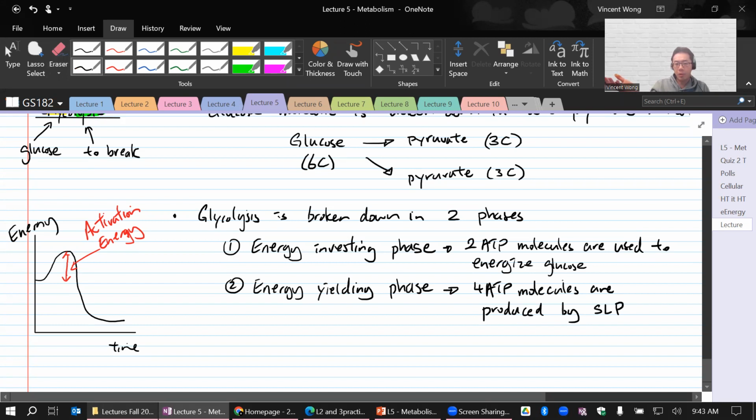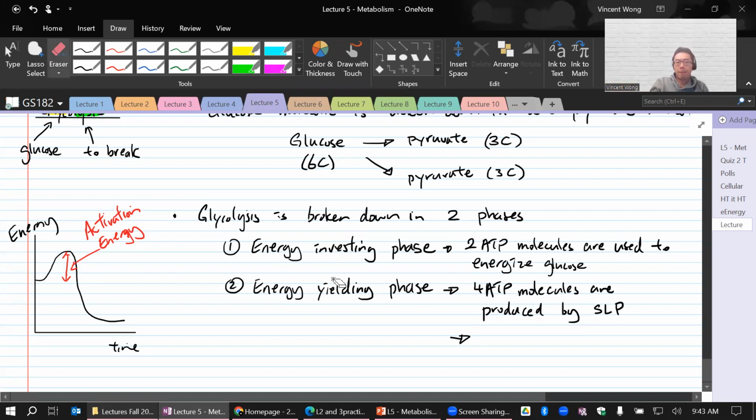We're gonna have some donors. They are gonna be giving us the phosphate, which allow us to produce 4 ATP. And that's not all, right? As far as investment goes, we got our 2 ATP back, and then we get 2 additional ones, so that's good.